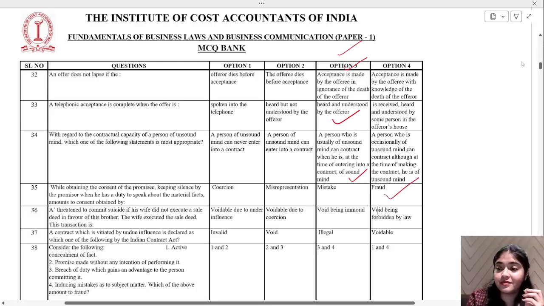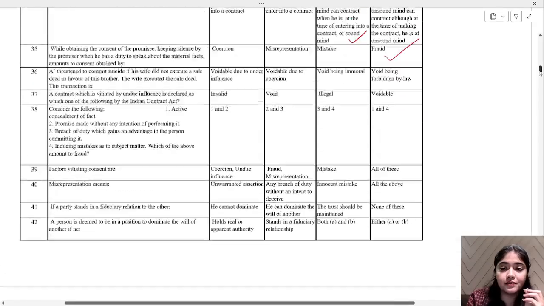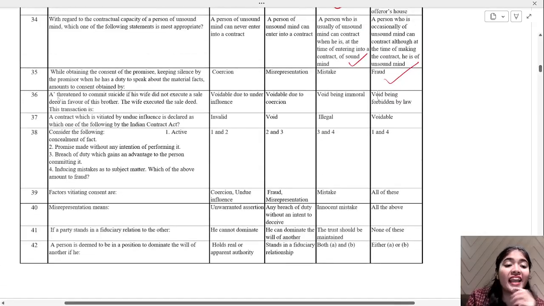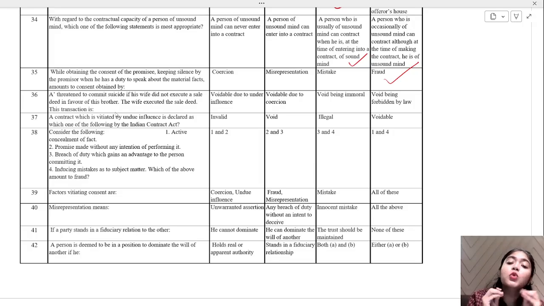Okay? I'll scroll a little. A threatened to commit suicide in front of his wife if his wife did not execute a sale deed in favor of his brother. The wife executed the sale deed. So this transaction is voidable due to coercion, because coercion is applied. They said, if you don't do this, I'll commit suicide.